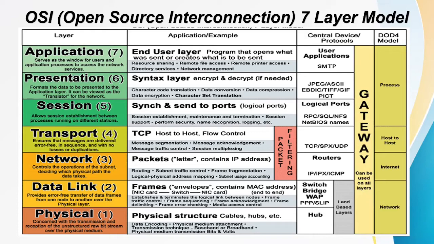So while coming to the communication gateway, when you are going to have two different protocols at the different layers, at that time you are going to use this one for the conversion of the protocol.